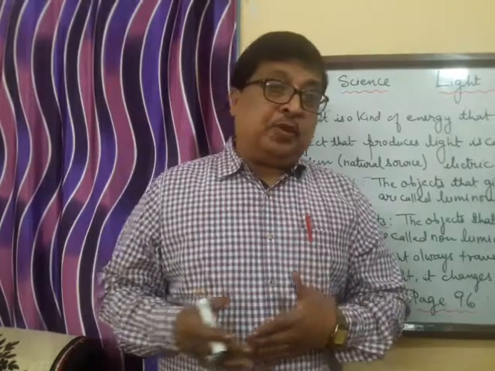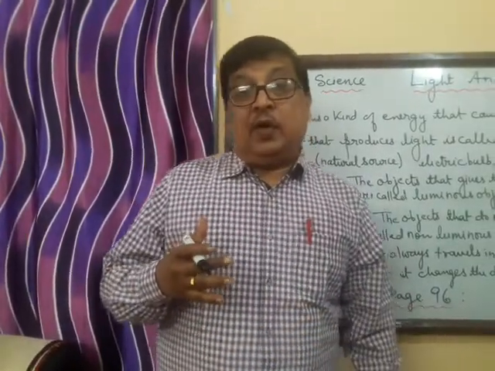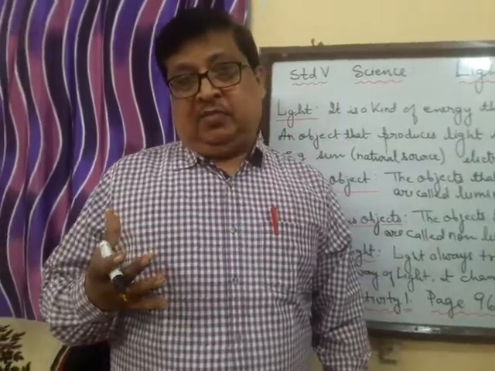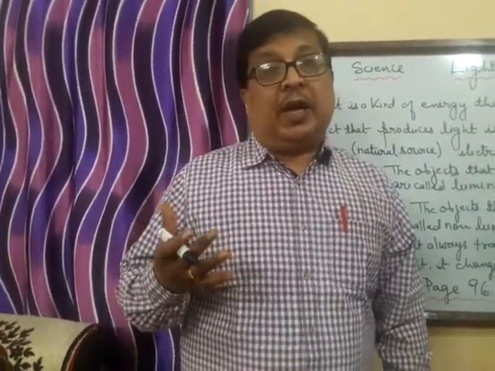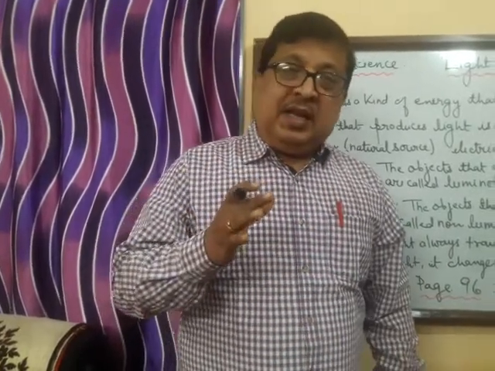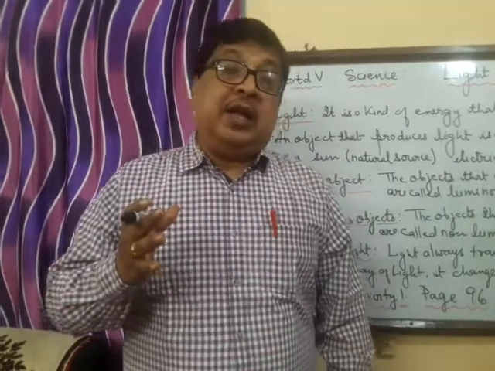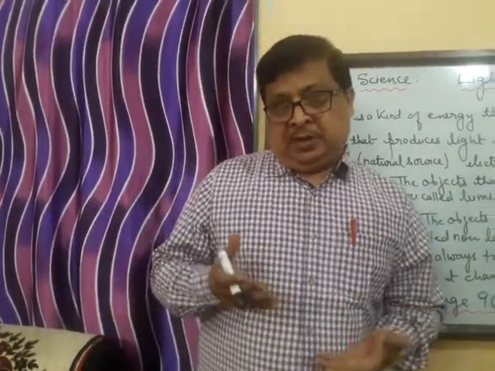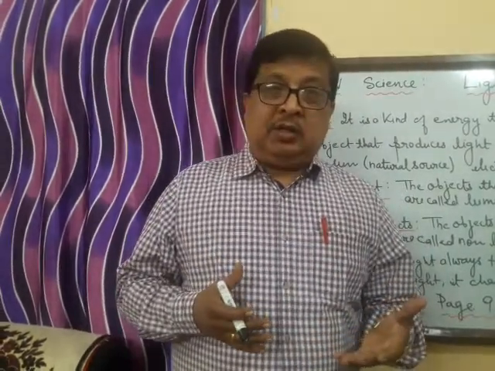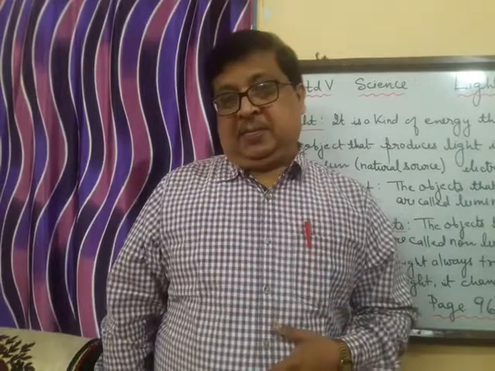Now what are these luminous objects? The objects that have their own light. For example, just now I talked about the sun. The sun has got its own light. In fact, the sun is also a star. So stars have got their own light. Now even candle, bulb, torch, lamps, these are all luminous objects.